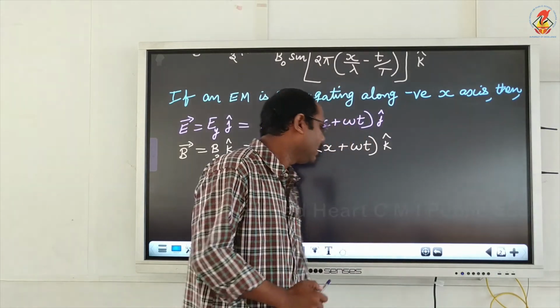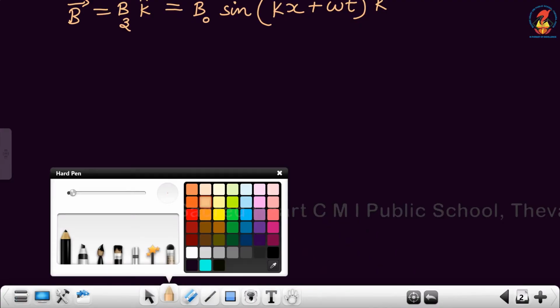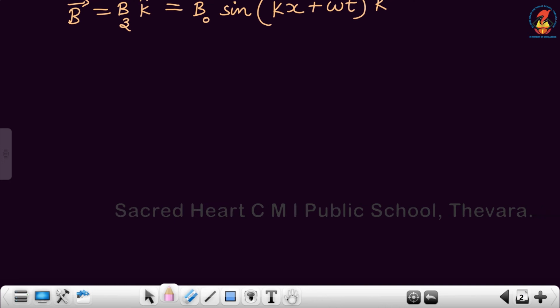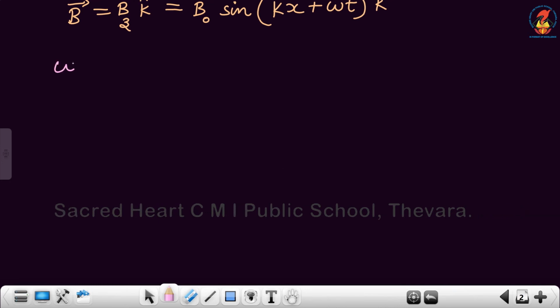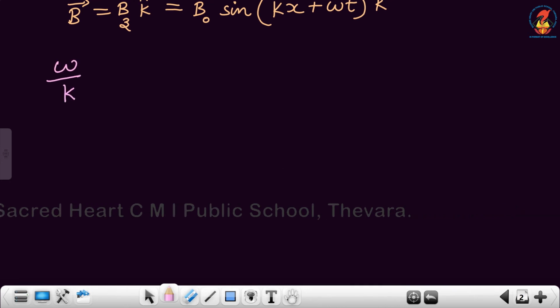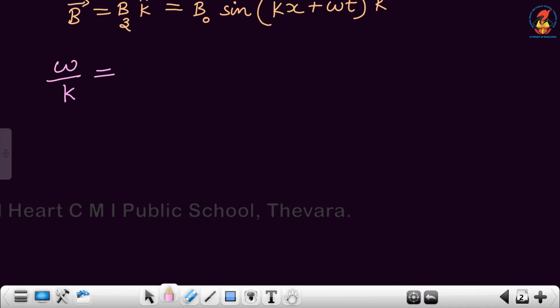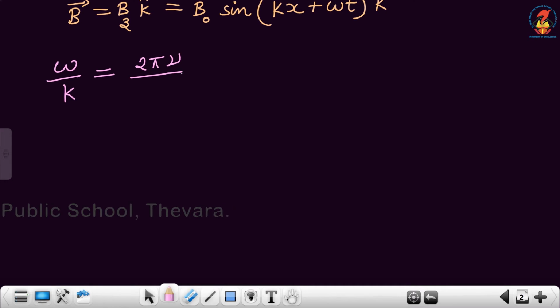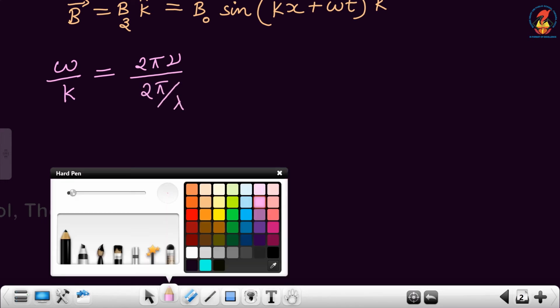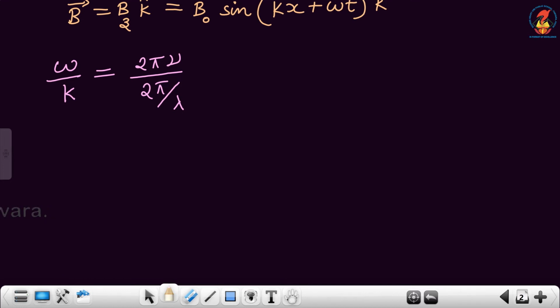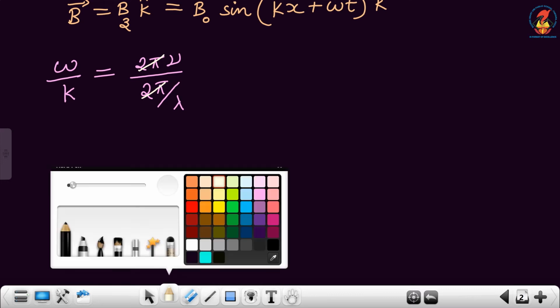Now let us see what is ω by k. We already know ω is 2πν, and k is 2π by λ. So I can cancel 2π and 2π, and λ will go to the top.